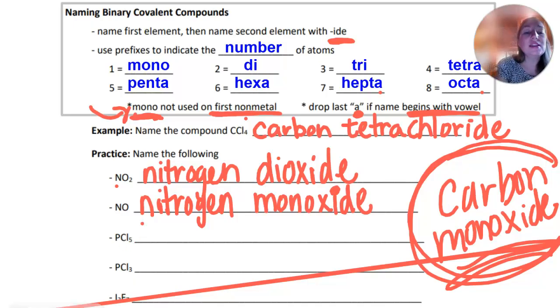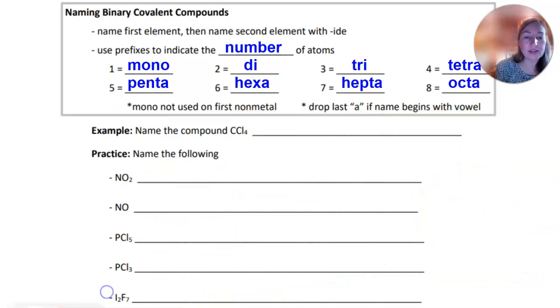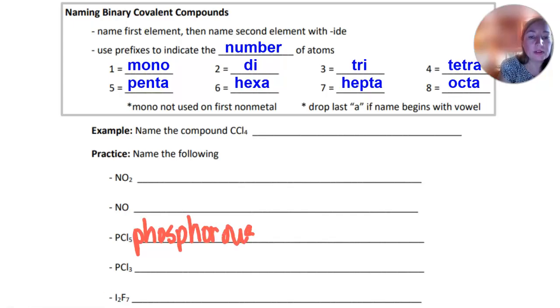Okay, PCl5. Okay, so we're going to call this one phosphorus. We don't put that mono, phosphorus. And then we'll do, whoa, why did I not? So let's just erase and try this again. Phosphorus.